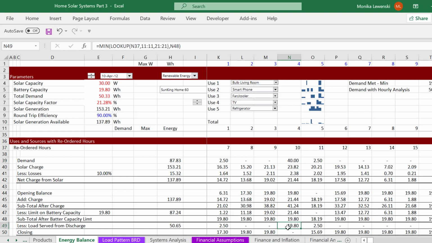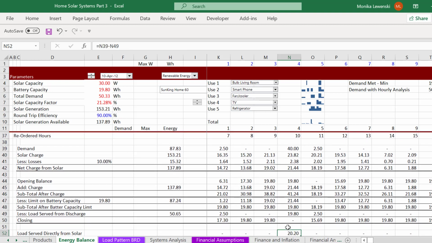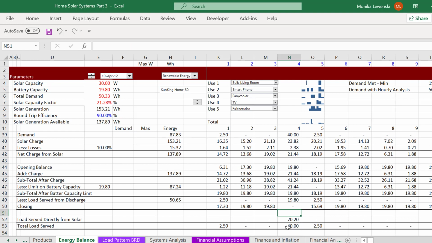I think that's not so unclear, but maybe it would be nicer to present it a little bit better. Now, but we had 40. Now, if you have some sort of appliance, like a DC fan or something, that can be directly connected to the solar, maybe not, because you don't have a separate inverter.